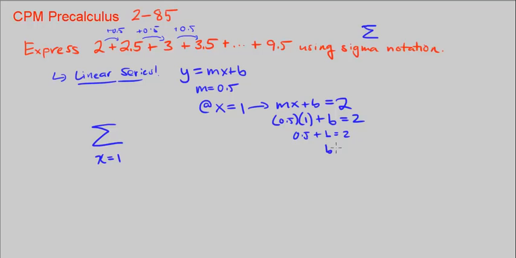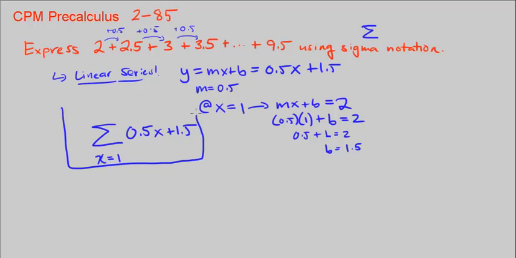Subtract 0.5 from each side and I get b equals 1.5. So y equals mx plus b becomes 0.5x plus 1.5, because x is the variable I'm plugging in. My expression takes the form 0.5x plus 1.5.